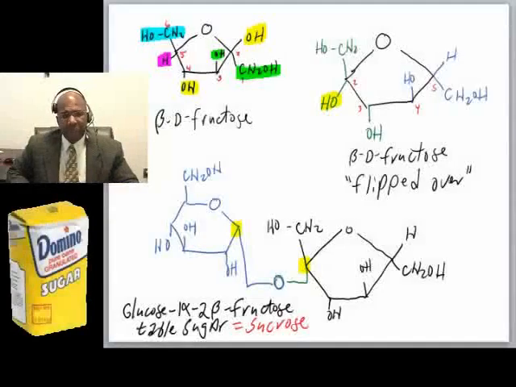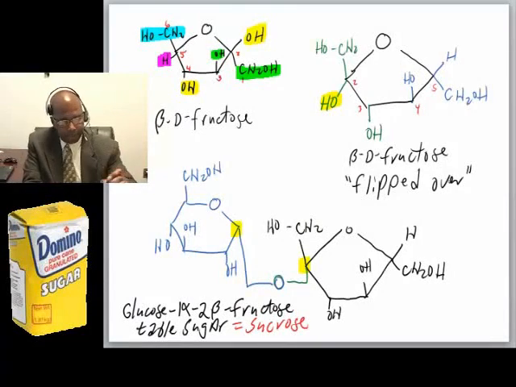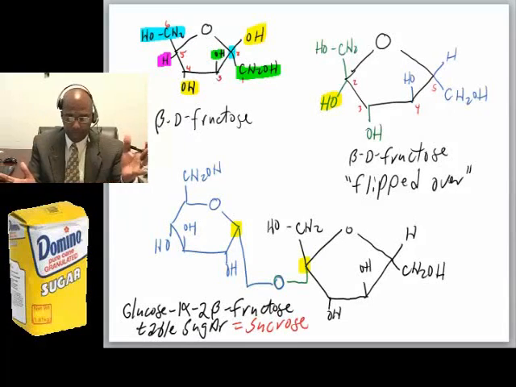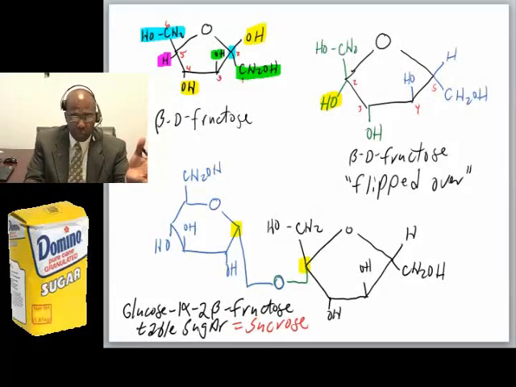Okay, there is something about sucrose that makes it biochemically very significant. And let's look at that. If we look at just fructose, you can see fructose has this anomeric carbon that can open up, form a ketone, and that ketone, just like an aldehyde, could possibly do some sort of reduction.